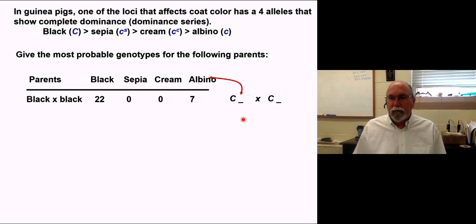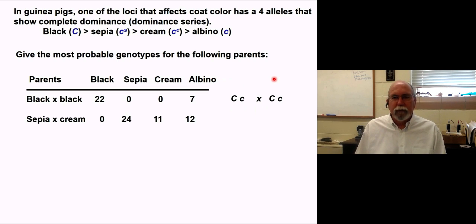So if you're going to be little c, it had to get 1 from one parent and 1 from the other. That's the way this genetic stuff works. Therefore, it must be over here. So in this problem, you've got 2 ways to solve it. You've got the ratio, which fits perfectly with the Mendelian expectations, and you've just got logic. So hidden here were clearly some alleles that produce albino. So most of them must be albino.